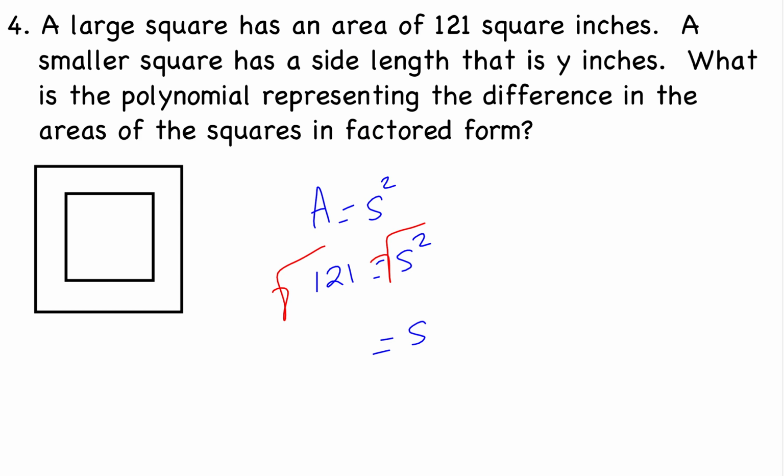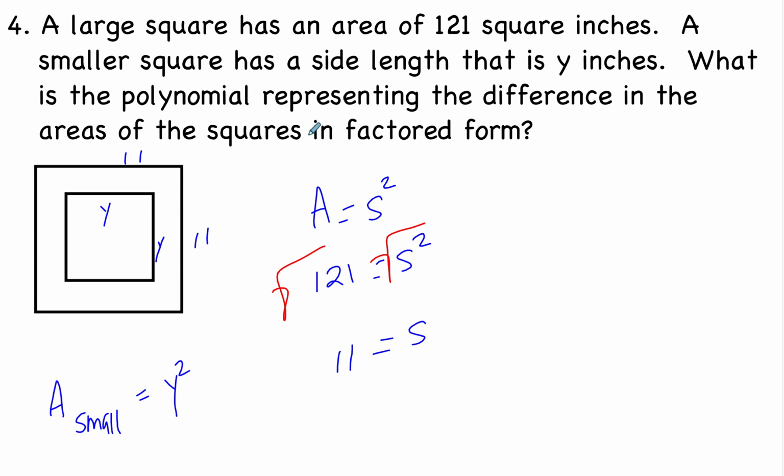So when we take the square root of 121, we get 11. So we know that each of these sides is 11, right here on the large square. And then it says the smaller square inside has a side length of y inches. So we know the area of the smaller one is equal to y times y, which is y squared.